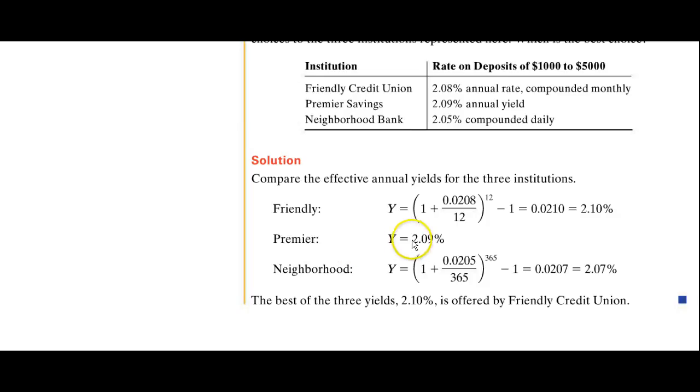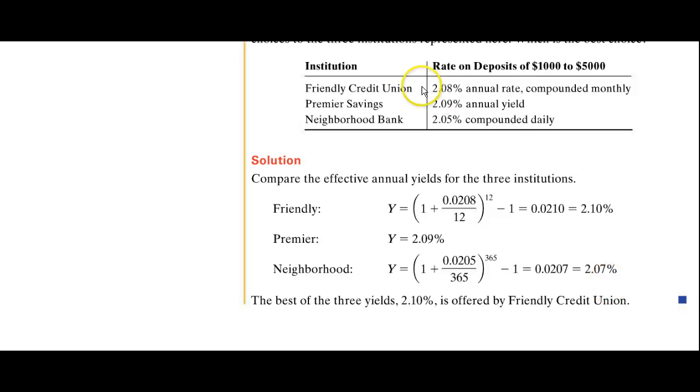The Premier, we didn't have to figure it, we already knew that was 2.09%. And the Neighborhood, even though they were doing it every day, that still only gave you 2.07%.